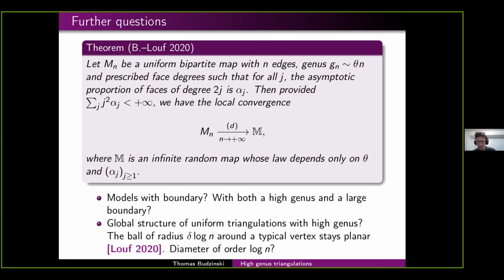Okay, I think the second case is actually the most difficult one, because if the boundary is proportional to the size, there is not a big difference between rooting uniformly in the map and rooting uniformly on the boundary. And it's much more natural to root uniformly on the map, because then you can compute the average degree and everything. If you put the root uniformly on the boundary and boundary edges are very atypical in the map, you cannot say anything like that. So I would actually expect this to be the most difficult case.